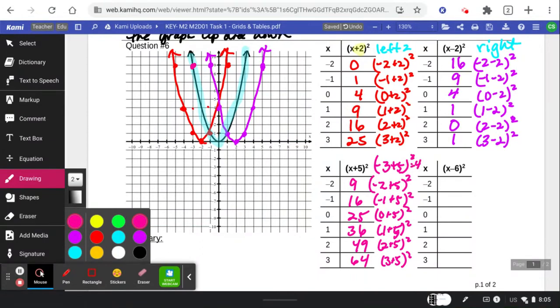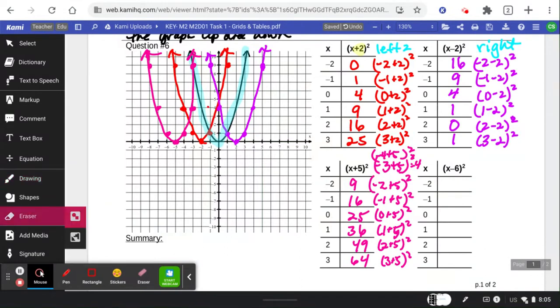So I'm going to go negative 3 and up 1, 2, 3, 4. Then it would end up as negative 4 plus 5 is 1 squared. So negative 4, 1. And then negative 5 plus 5 would be 0 squared, which is 0. And then go ahead and make those symmetrical spots. And then connect that pink graph. We notice that an x plus 5 shift is actually going to be moving my graph from the origin left 5.